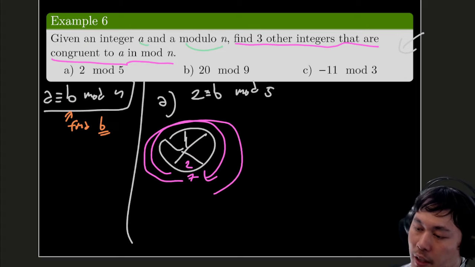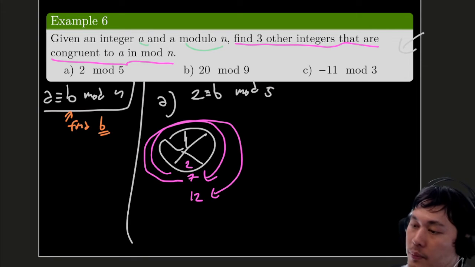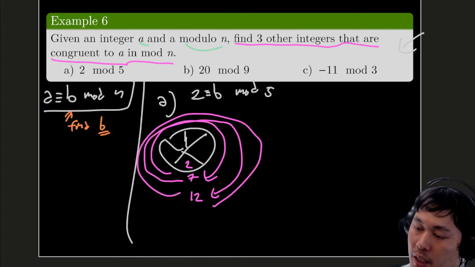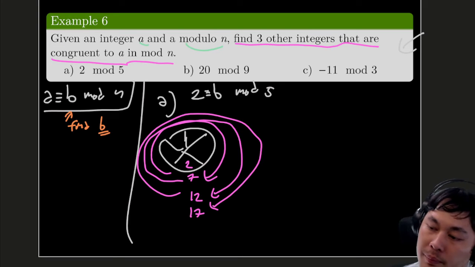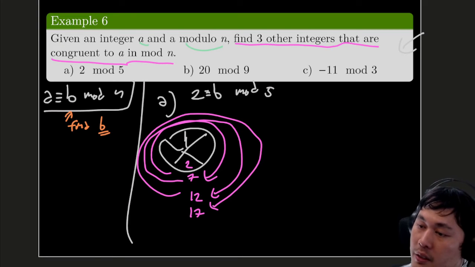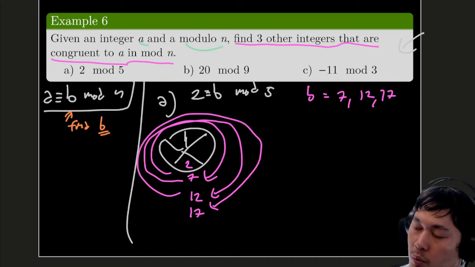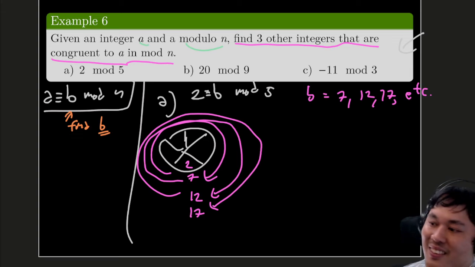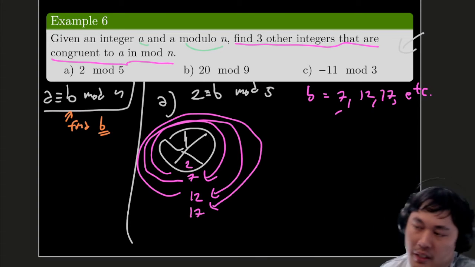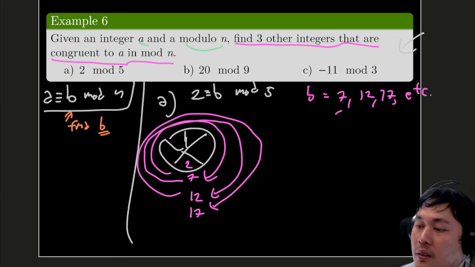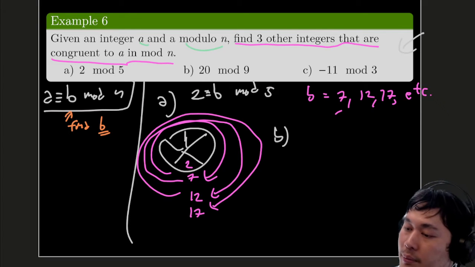Another 5 steps, you get 12. Another 5 steps, you get 17. And so for a, you can simply say that b equals 7, 12, and 17, and etc. Just to remind you, there are more, but these 3 are the ones that we can find easily.